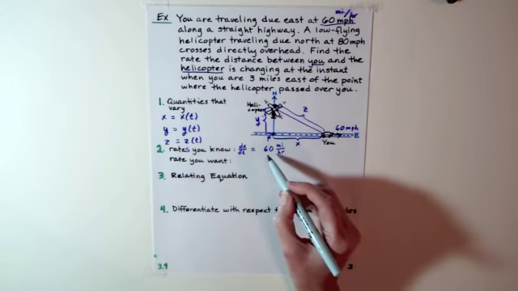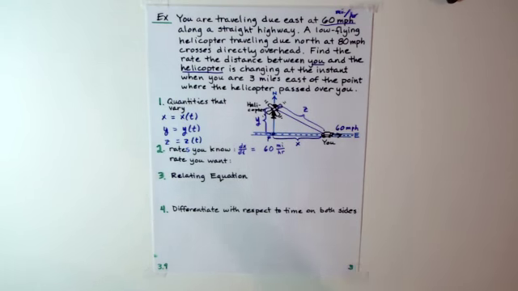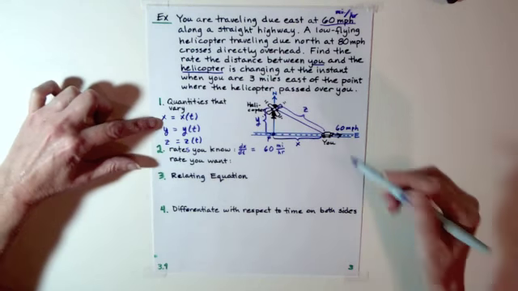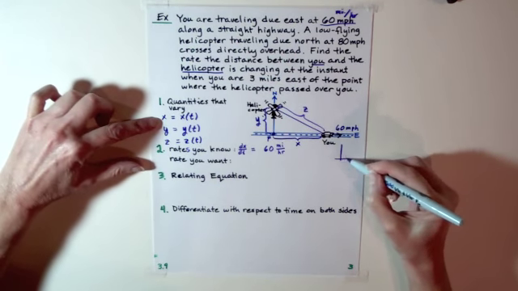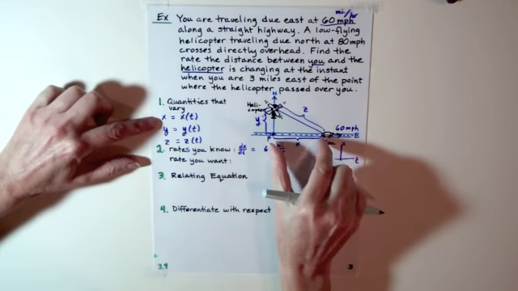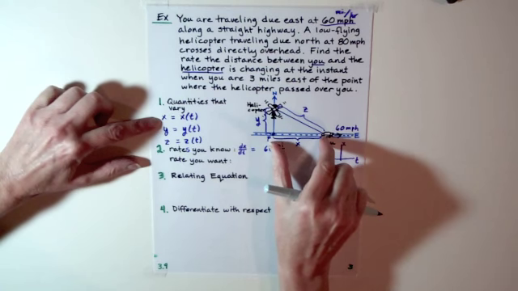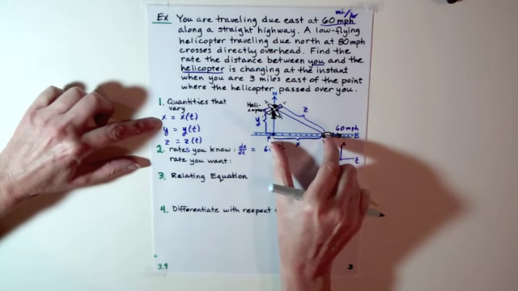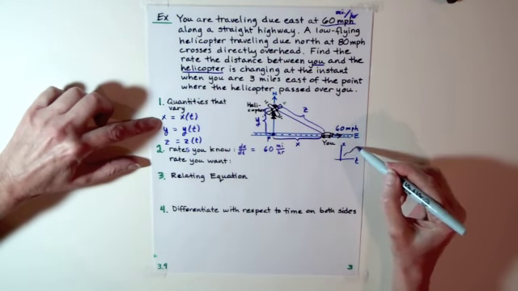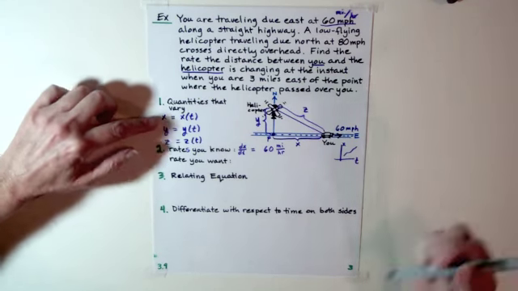Now, I left it as a positive 60 miles per hour. Does that make sense? And to answer that question, we just look at the function x and we decide, is it an increasing function or is it a decreasing function? As time goes on, is x getting bigger or is it getting smaller? You notice that as time goes on, you're moving in this direction, and so x is getting larger. If you thought of drawing an x versus t graph, it would look something like this.